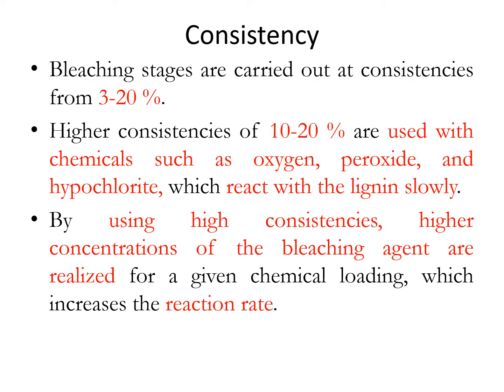Now talking about the consistency of pulp when the reactions are taking place. Different reactions require different consistency, but different bleaching stages are basically carried out at consistency between 3 to 20%. Higher consistency, that is 10 to 20%, is used with chemicals such as oxygen bleaching, peroxide bleaching, which we will be learning in the next slides, and hypochlorite.